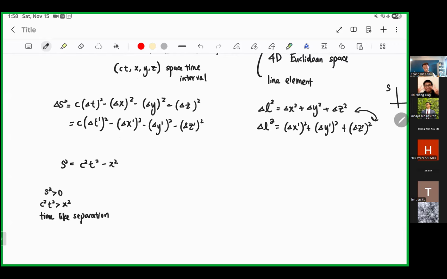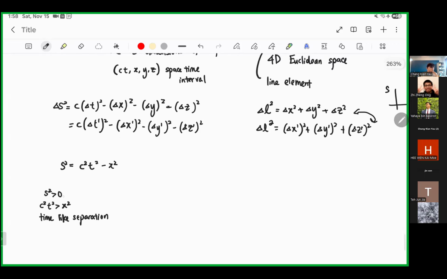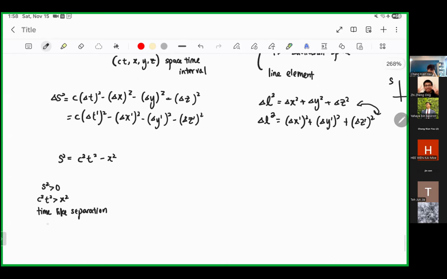Maybe a better way to write it is like this: ct. Then what it means is that x is smaller than ct.